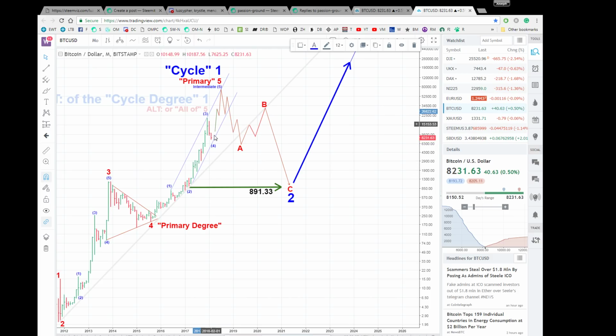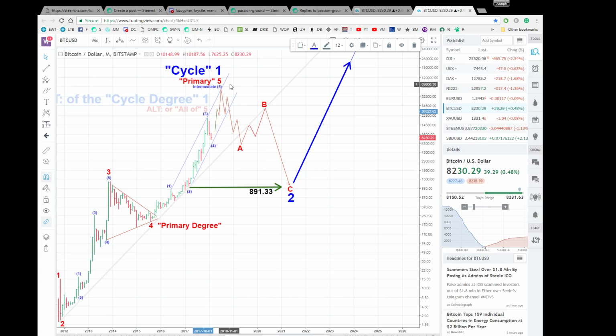Now we've had a sharp 60% decline since then, and under the preferred bullish scenario, I'm assuming this wave down marks the end of wave 4 at intermediate degree, and then a rocket ship back up in wave 5 to end the entire primary and cycle bull market. That's the most bullish case scenario.